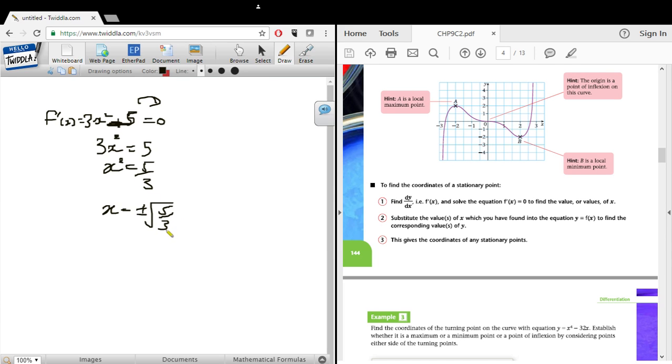Now what you then go on to do is, on a graph, you'd have, say, the square root of 5 over 3 and minus the square root of 5 over 3. These are the x coordinates. You'd plug these back into the original f(x), which in our case would be x cubed minus 5x plus c.